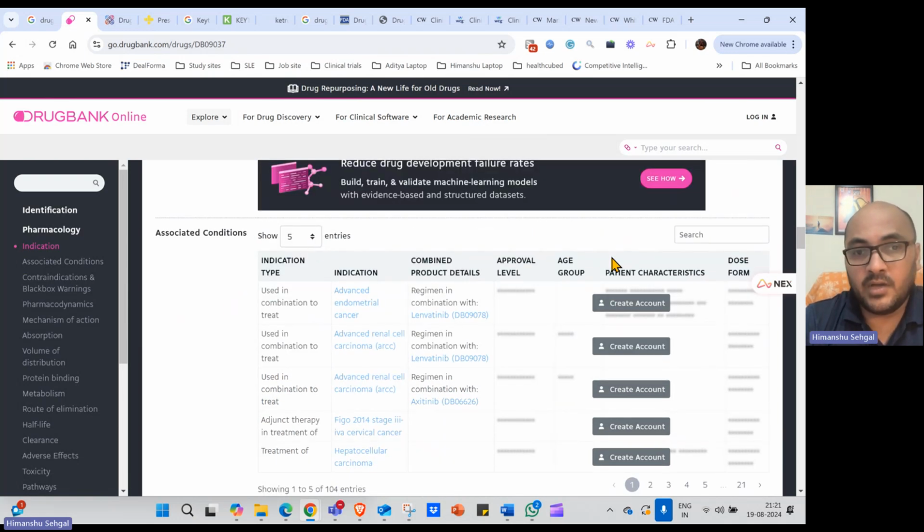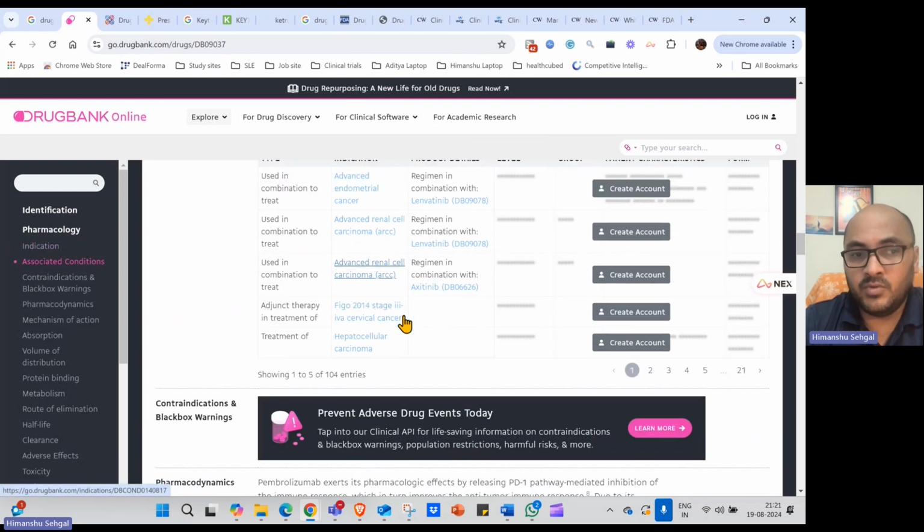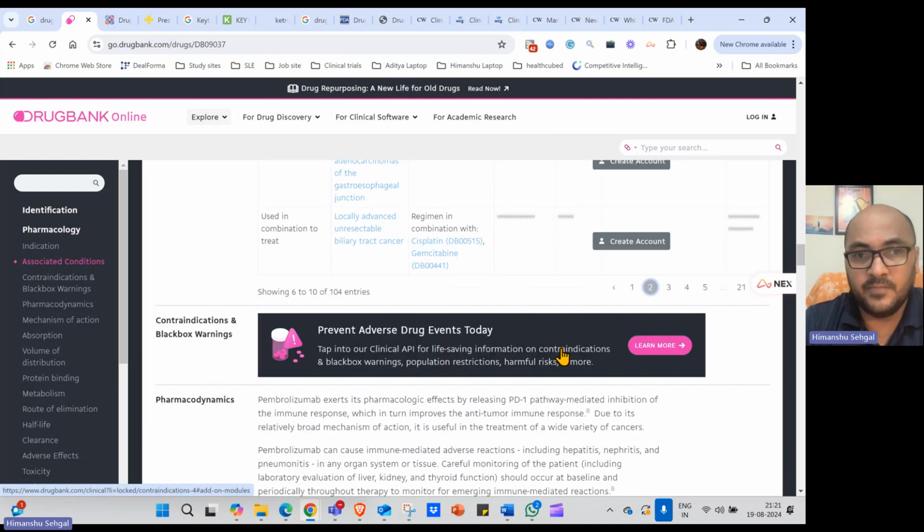So now, here you can see that you have to create a free account to look into this information, for example used in combination to treat endometrial cancer in combination with lenvatinib. Okay, approval level, all these details you will be able to see once you create an account. So there are 104 entries to it, so you can scroll through all these entries basically.